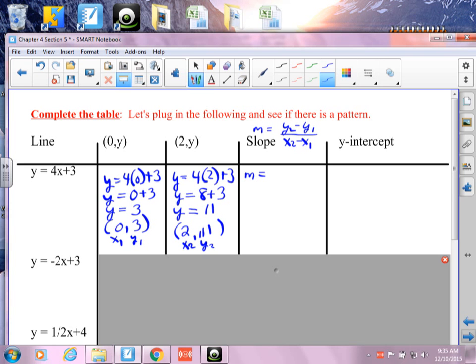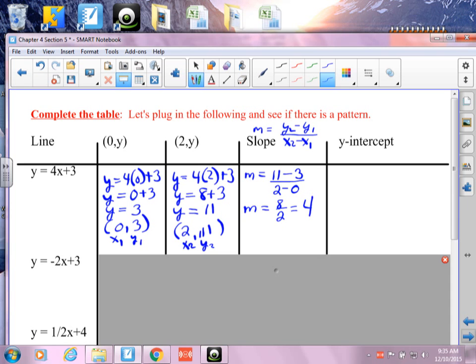Again, when you do every problem with slope, you need to put this formula down. All right, so my y2 is 11 minus 3 over 2 minus 0. My m equals 8 over 2, which is 4.